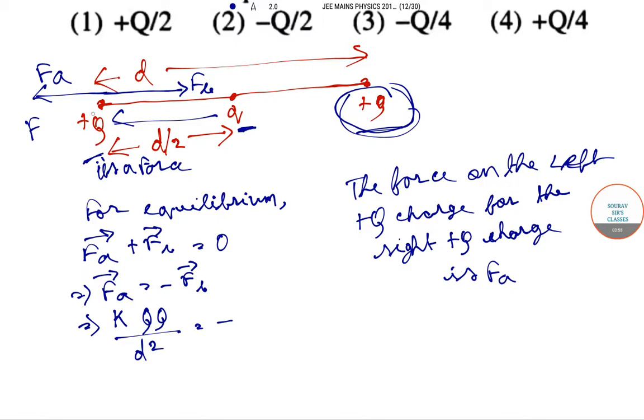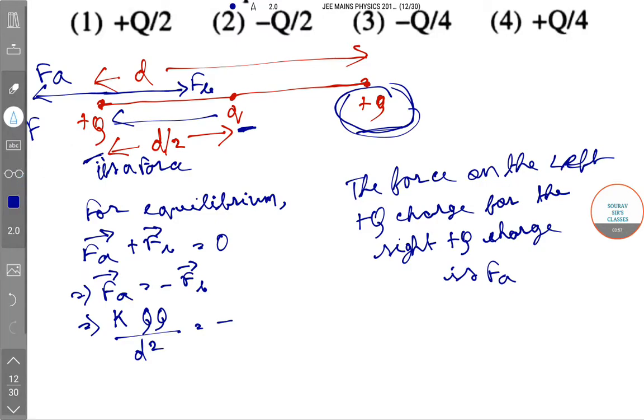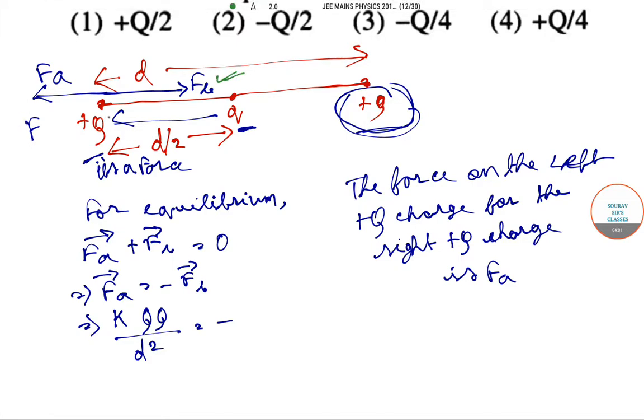So we can write it as K into capital Q into small q, divided by d by 2 whole square.